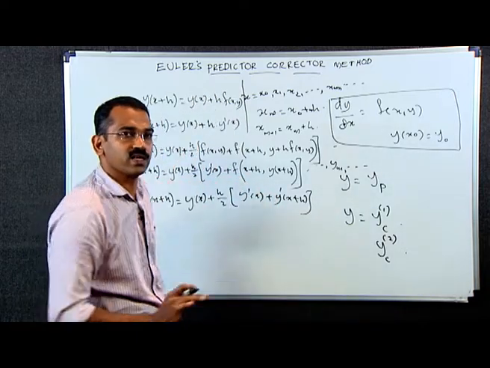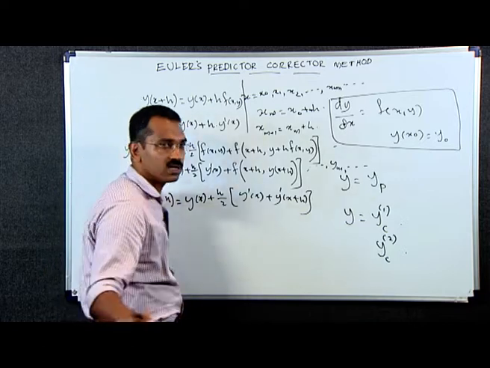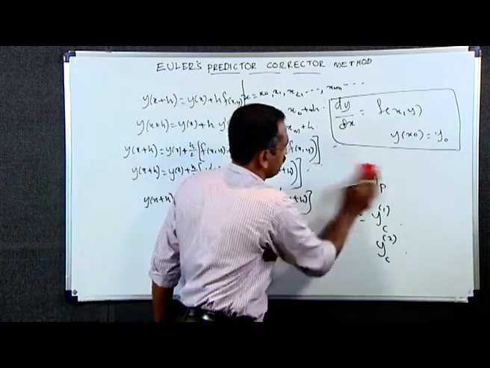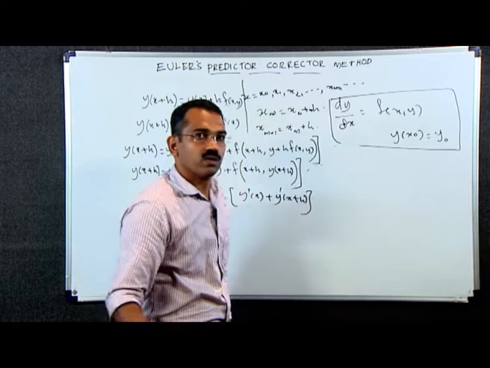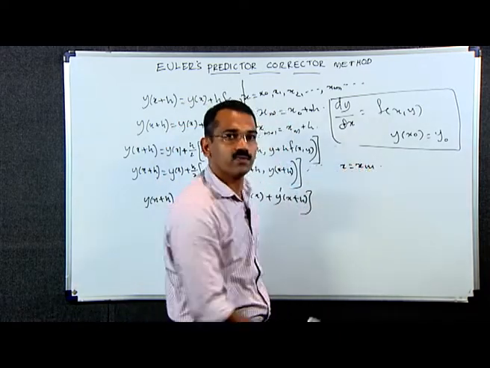Now, putting x is equal to xm, and note that xm plus 1 is equal to xm plus h. We are putting x is equal to xm.